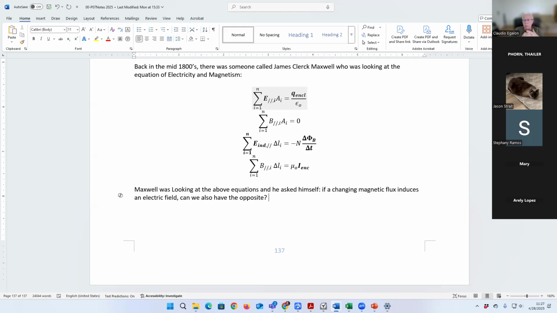Physicists like to think about that. They're trained to think about that. Okay? And the opposite would be what?